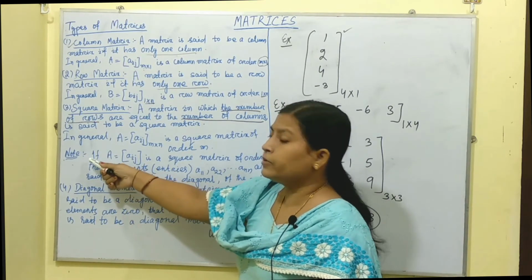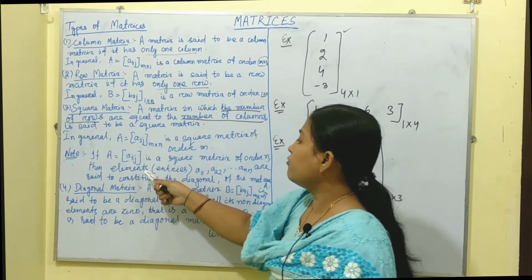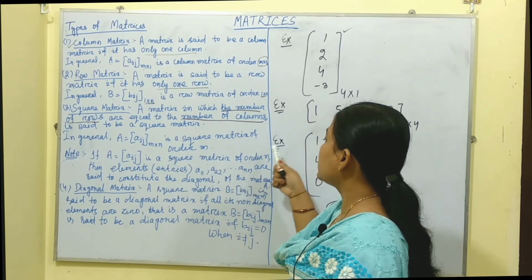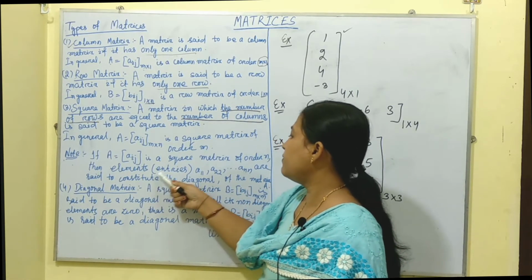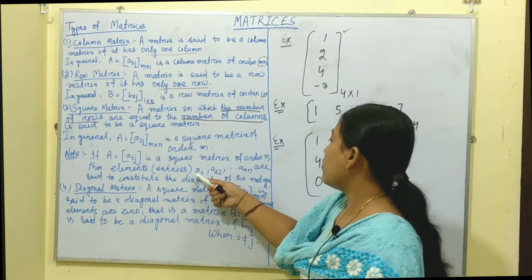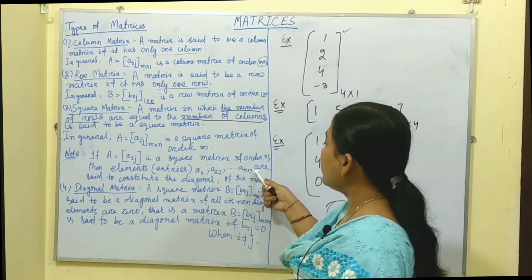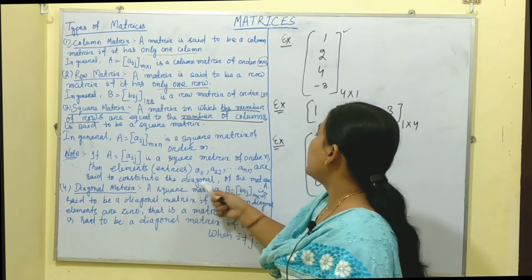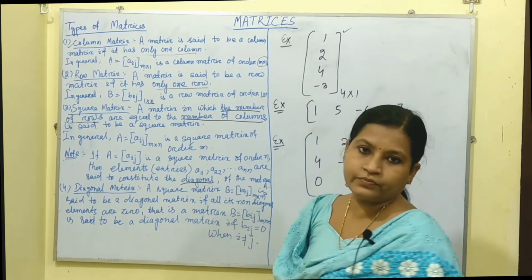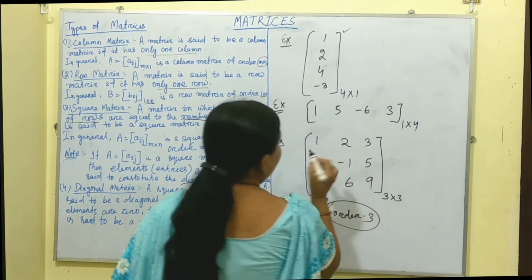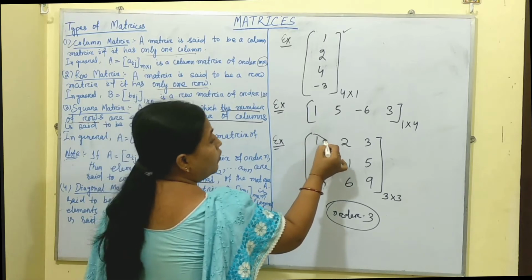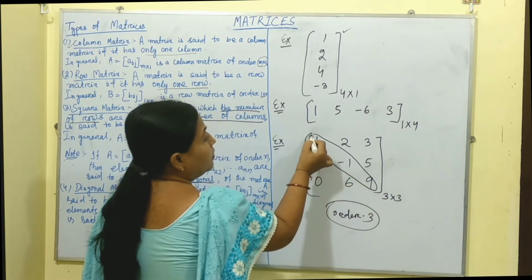So the point to be noted, if A equal to Aij is a square matrix of order n, then the elements or the entries A11, A22 up to Ann are called diagonal of the matrix. So this is important. So here the diagonal elements are 1, minus 1, 9.